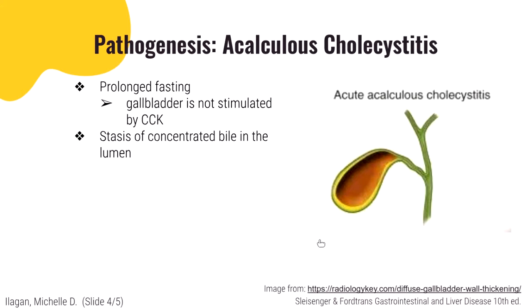With prolonged fasting, the gallbladder is not stimulated by cholecystokinin to empty, and concentrated bile stagnates in the gallbladder lumen. In addition, the gallbladder epithelium has relatively high metabolic energy requirements in order to absorb electrolytes and water from the bile. Therefore, in an immobile fasting patient with splanchnic vasoconstriction, ischemia and chemical injury to the gallbladder epithelium may occur.